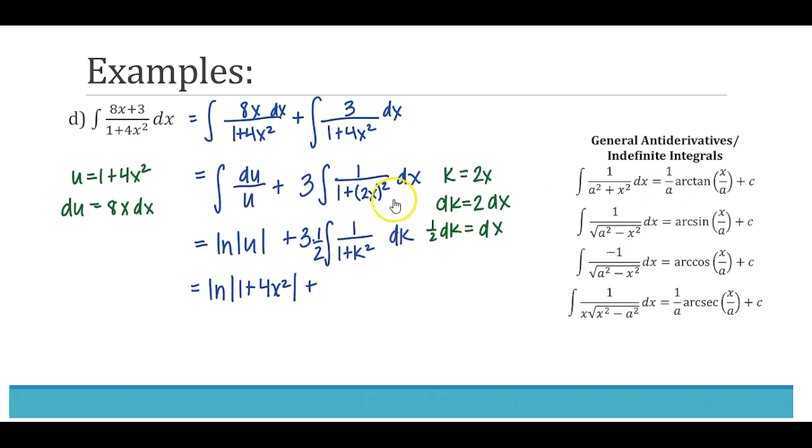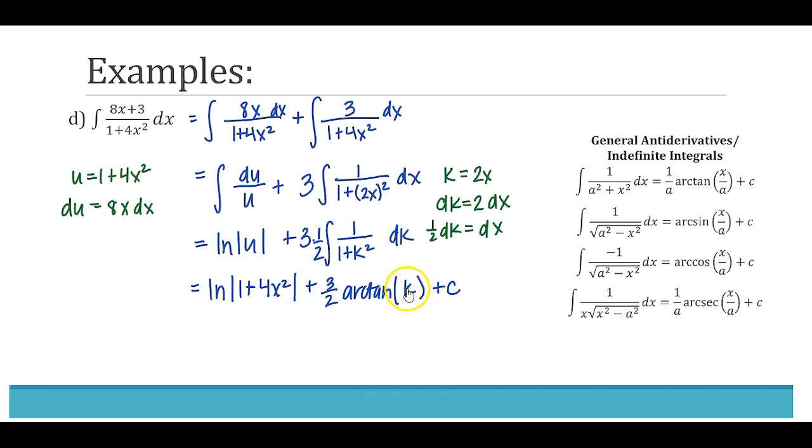The value of a is 1 squared. So I have just a is equal to 1. So my answer ends up being 3 over 2 arctan of just k, because it would be k over 1, which is just k, plus c.